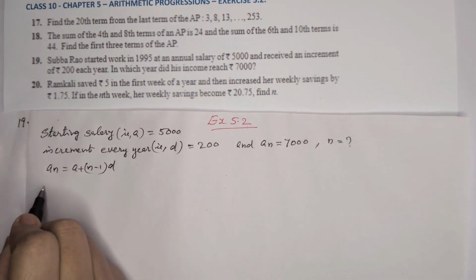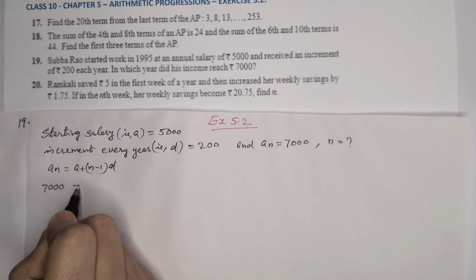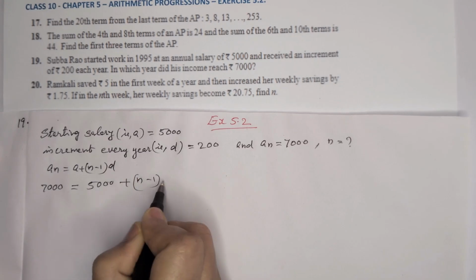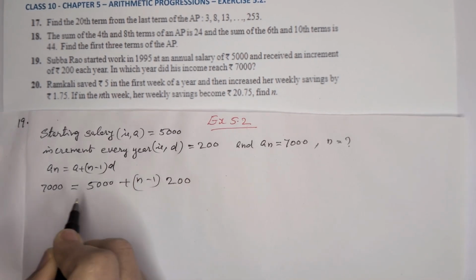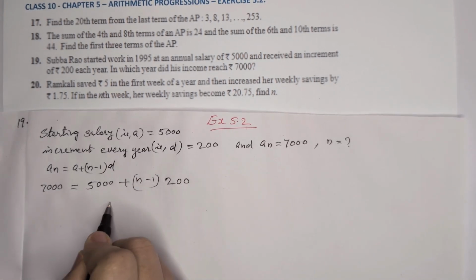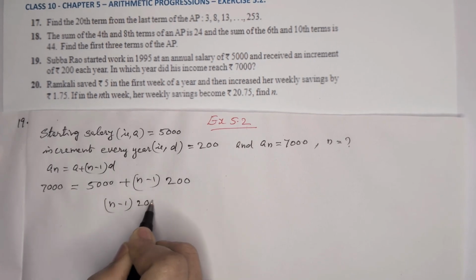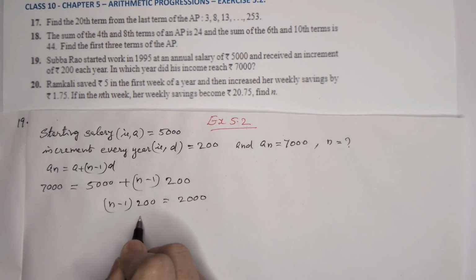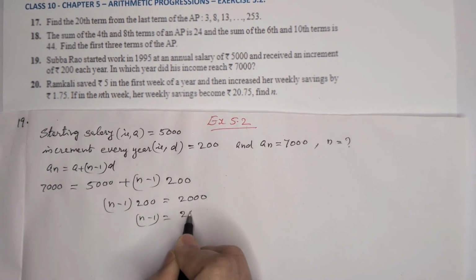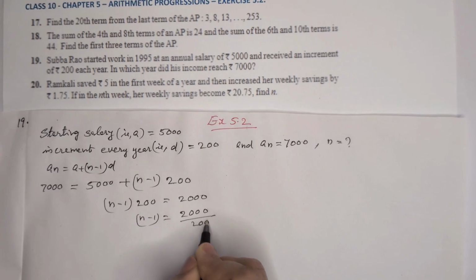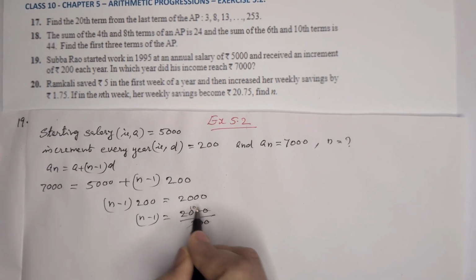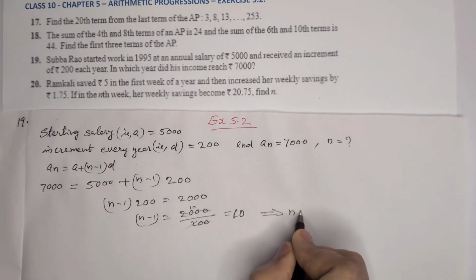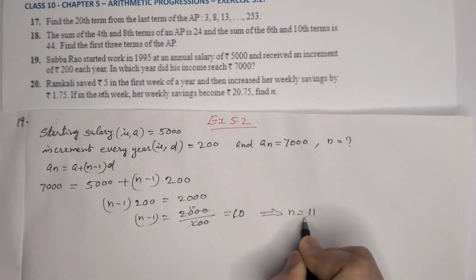Now an is equal to 7,000, so we can write in the formula: 7,000 is equal to a, which is 5,000, plus (n minus 1) into d. d is 200. Moving 5,000 to the other side, (n minus 1) into 200 is equal to 2,000. And n minus 1 is equal to 2,000 by 200, which means 10, which implies n is equal to 10 plus 1, that means 11.